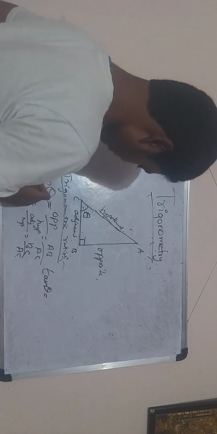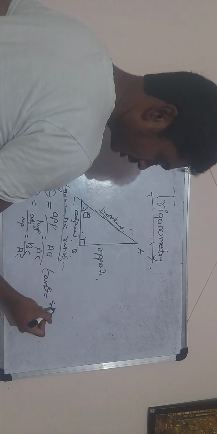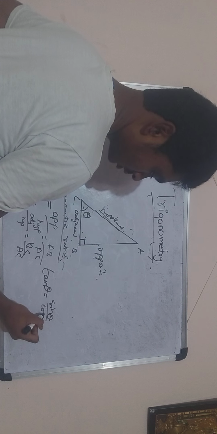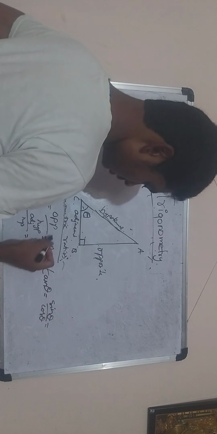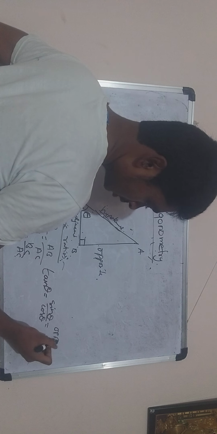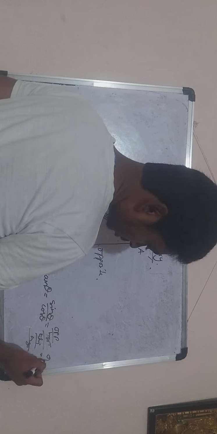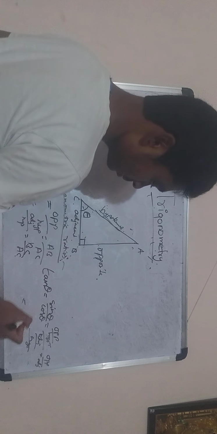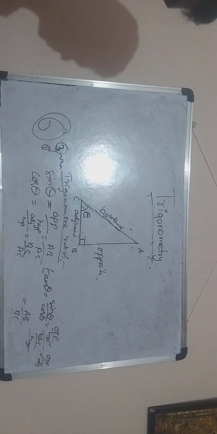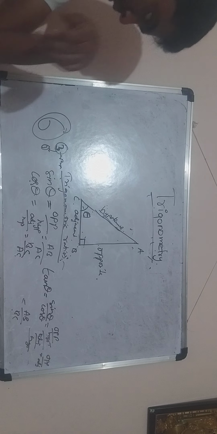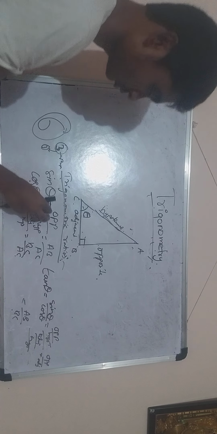It is the ratio of sine and cosine, sine theta by cos theta, which is opposite by hypotenuse divided by adjacent by hypotenuse. It is opposite by adjacent, which is AB by BC.